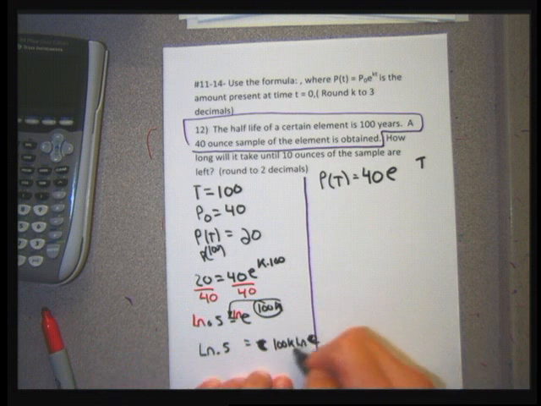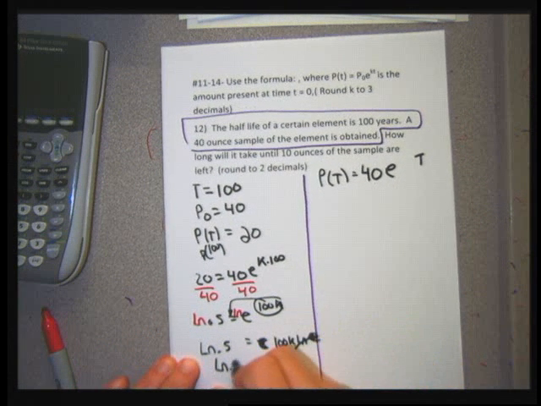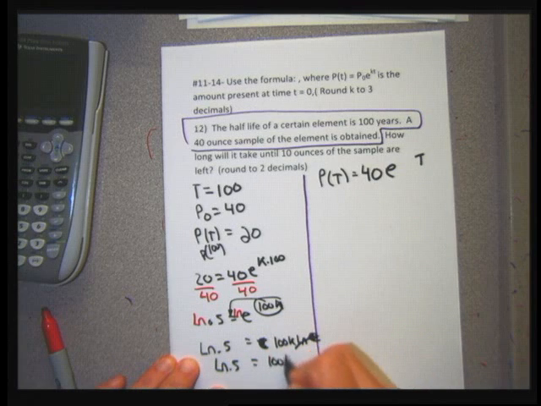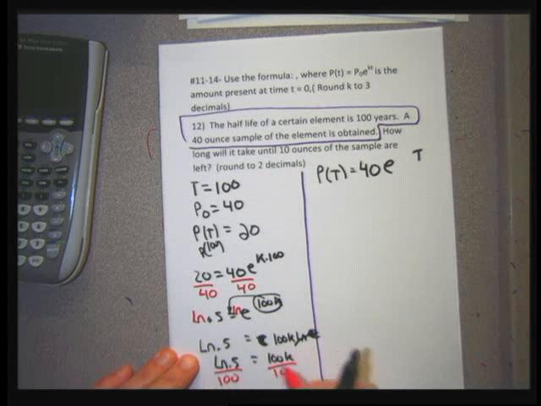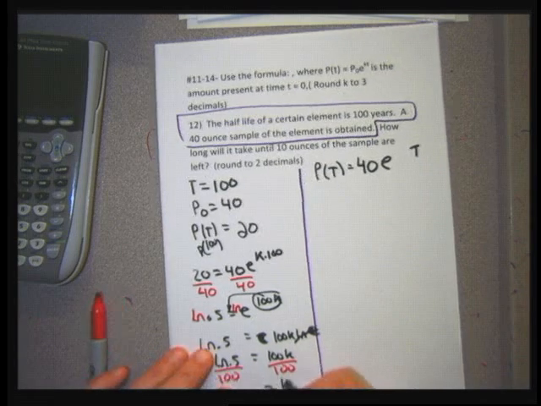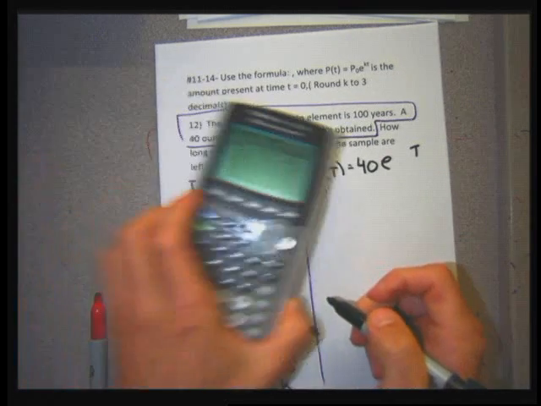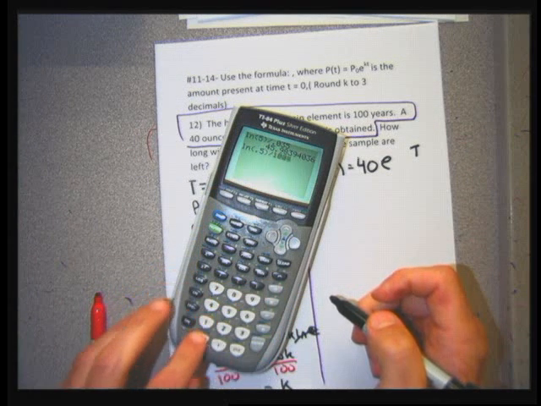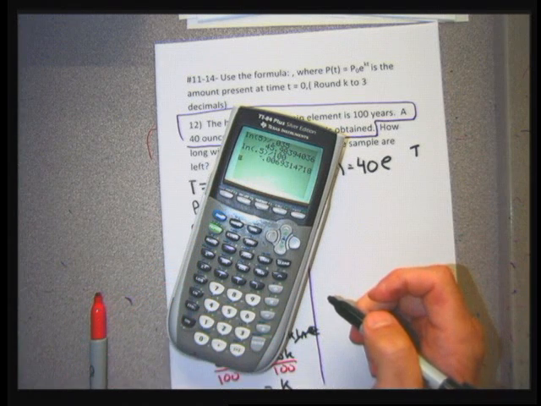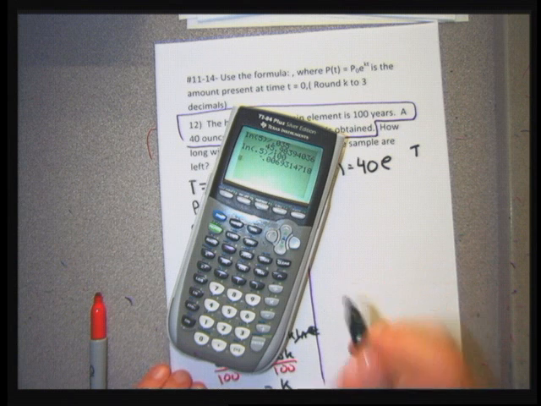The natural log of e is 1, so this gives me ln of 0.5 equals 100k. I divide both sides by 100. I get my k isolated, but I need to round to 3 decimals. I use my calculator, do the ln of 0.5, divide it by 100. I get negative 0.007 if I round that to 3 decimals.